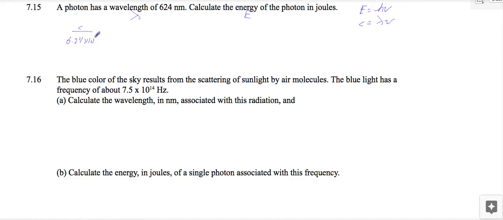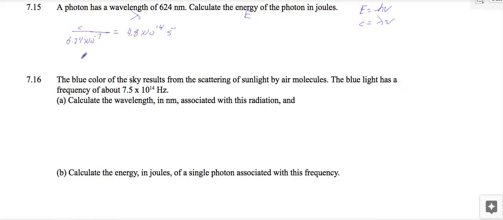6.24 times 10 to the minus 7th. Got to get that thing in meters, guys. I don't know why I just did that. Equals our frequency of 4.8 times 10 to the 14th per second.